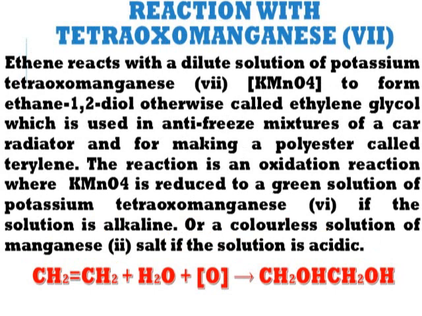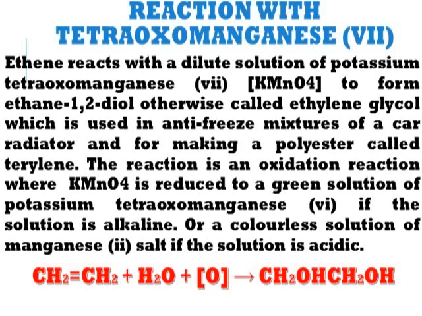Next, reaction with tetraoxomanganese 7. Ethene reacts with a dilute solution of potassium tetraoxomanganese 7, KMnO4, to form ethane 1,2-diol, otherwise called ethylene glycol, which is used in antifreeze mixture of a car radiator and also for making a polyester called terylene.